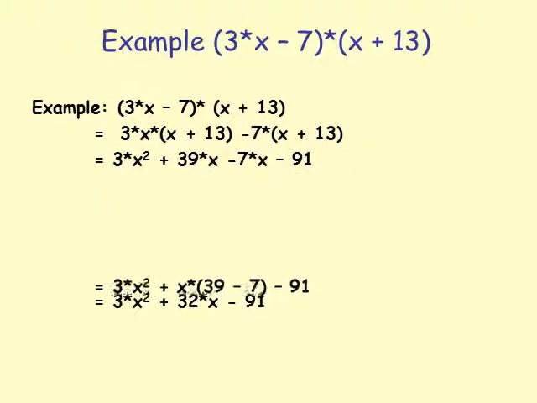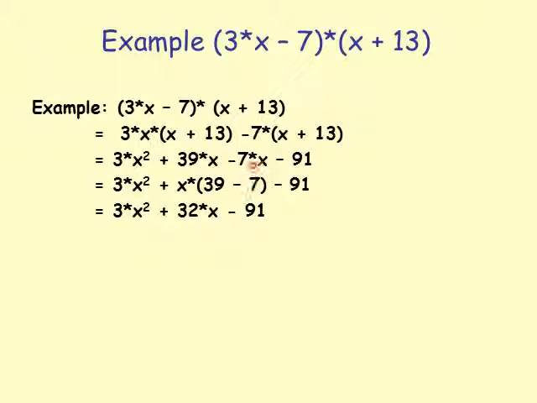We combine these together: 39x and minus 7x. So I got 3x squared plus 32x minus 91. We multiplied them together and this is the answer I got. Okay, let's continue.